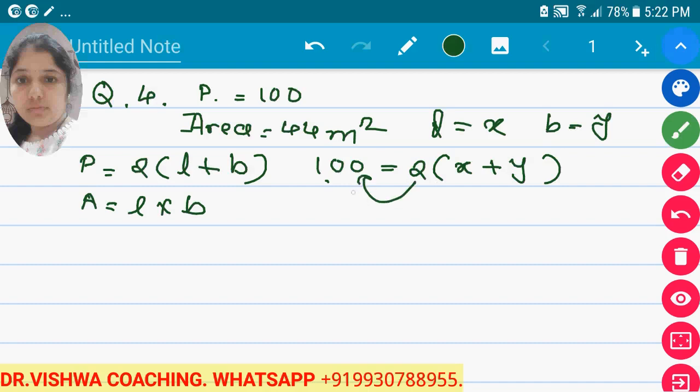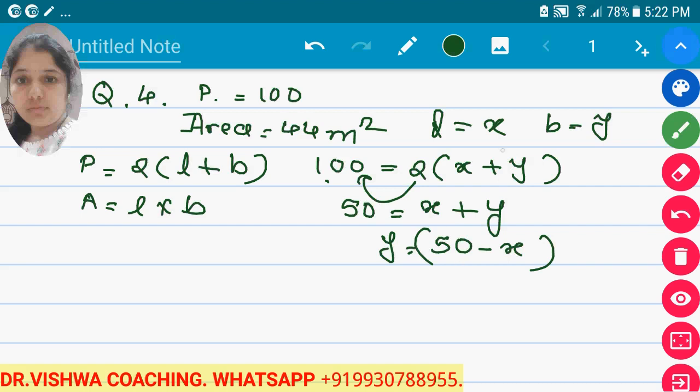This 2 will come to RHS. So it becomes 100 divided by 2, which gives us the answer as 50. 50 is equal to x plus y. So y is equal to 50 minus x.